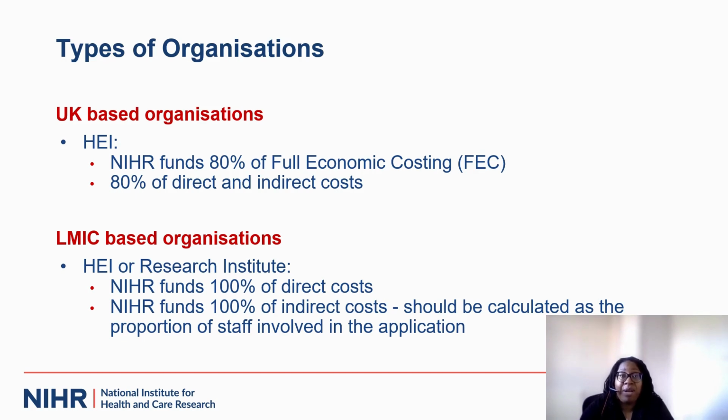This list can be found on the NIHR website. There are over 150 HEIs or research institutes on the list, but if you don't find yours there, or if you're unsure in any way, then please do get in touch with us to check.